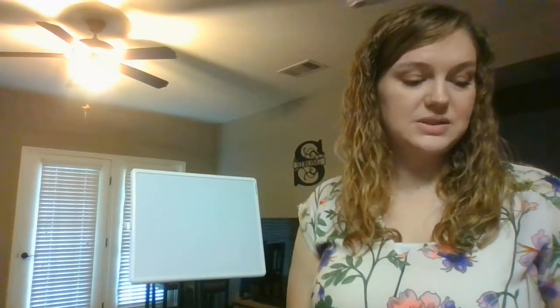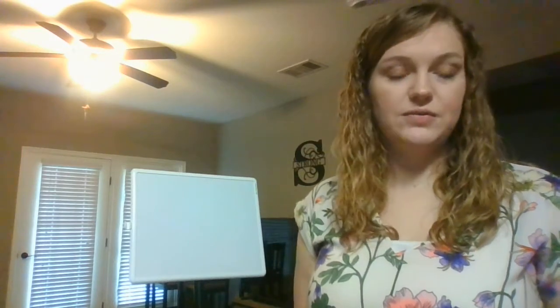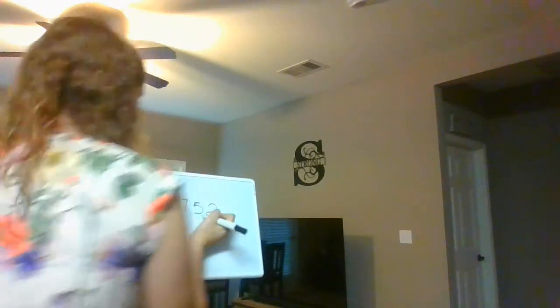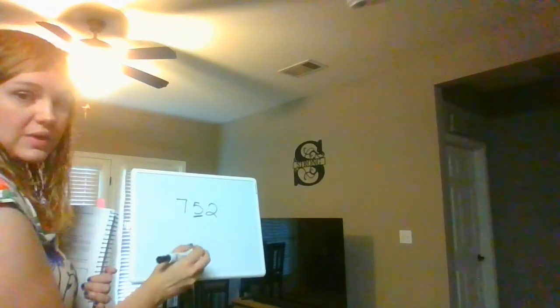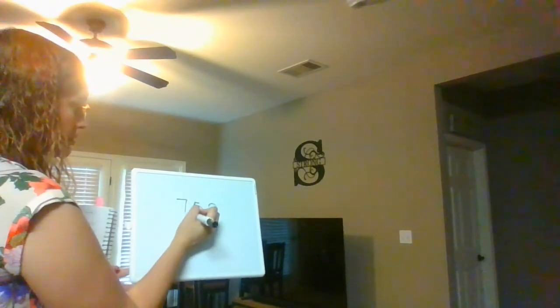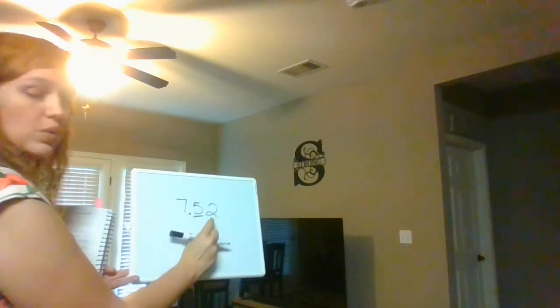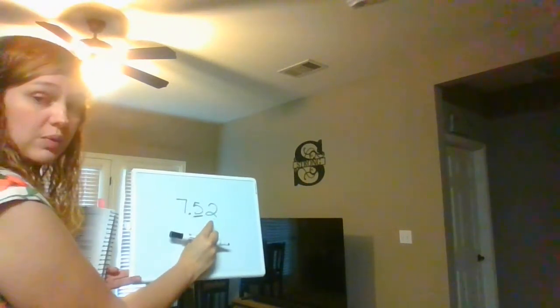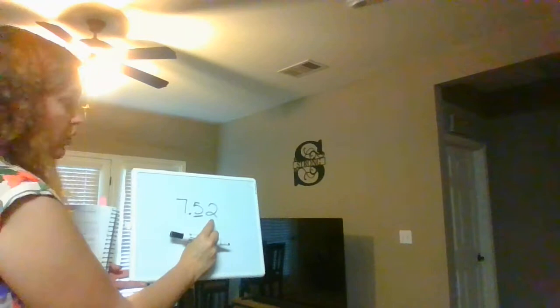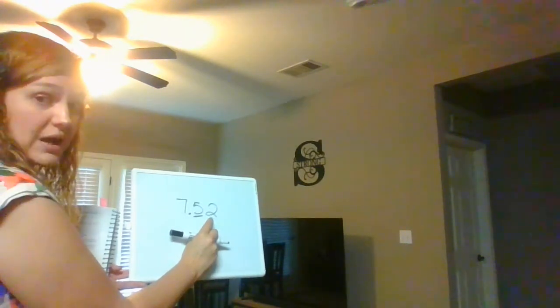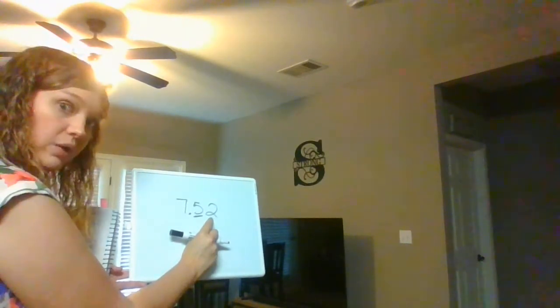B says round 7.52, 7 and 52 hundredths, to the nearest tenth. So I'm going to write this one down. So this is the tenths place, right after the decimal. So we're looking in the hundredths place to know how we round, if we're going to round up or down. Well, the 2 tells us to round which way? Down.